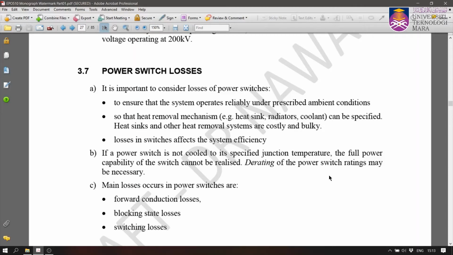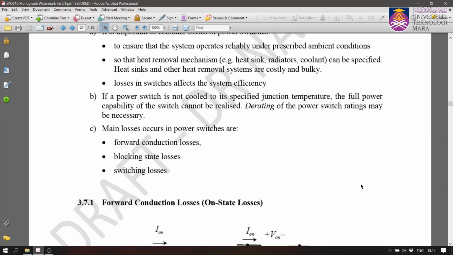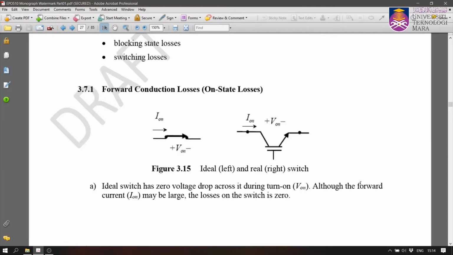The other one is the switching loss, which occurs in the transition between on and off, and off and on. So those are the three main losses. First, we look into the forward conduction loss, the on state loss.